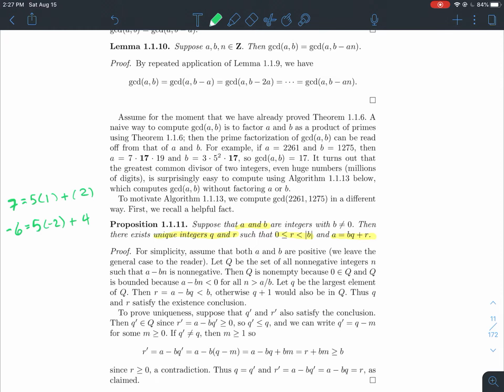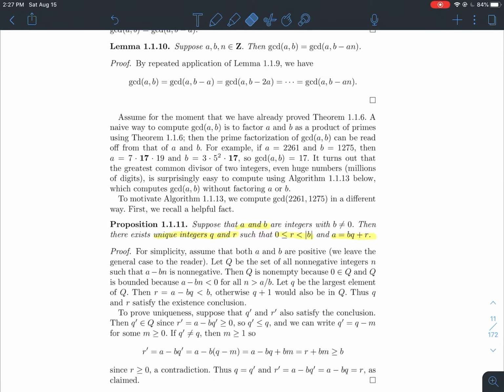So in that case, we'll call the quotient negative 2, and this remainder here 4. So again, we have this kind of stringent hypothesis that the remainder has to be a strictly non-negative number. If you've taken an intro to proofs class, of course we're saying this is the same thing as trying to say that negative 6 is equivalent to 4 mod 5, something like that. We'll use that language a little bit later on. If that made no sense, don't worry about it.